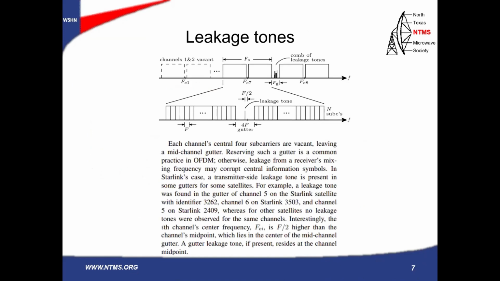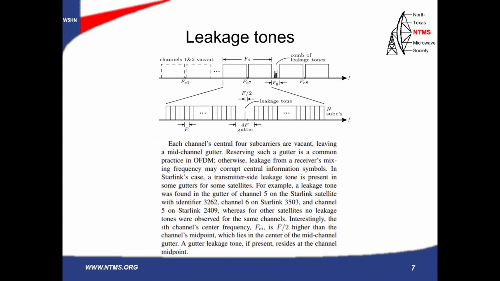So I actually want to read this because this is from the UT Austin academic study. Each channel's central four carriers are vacant. That's this 4F, leaving a mid-channel gutter. Reserving such a gutter is a common practice in OFDM. That's the modulation process.